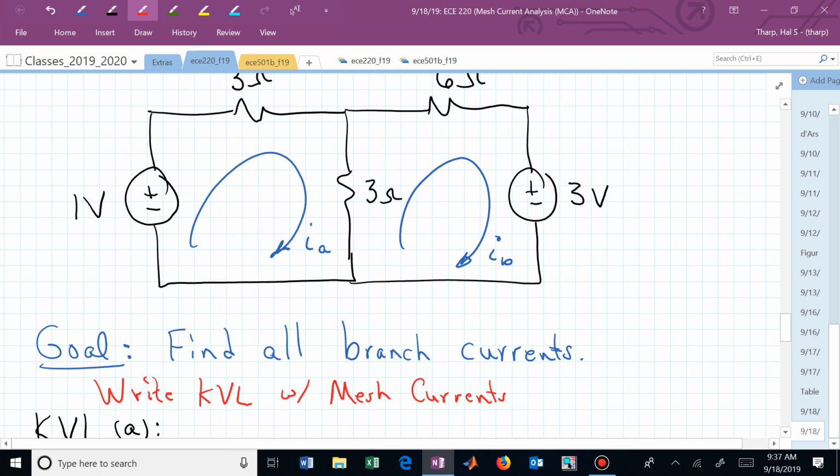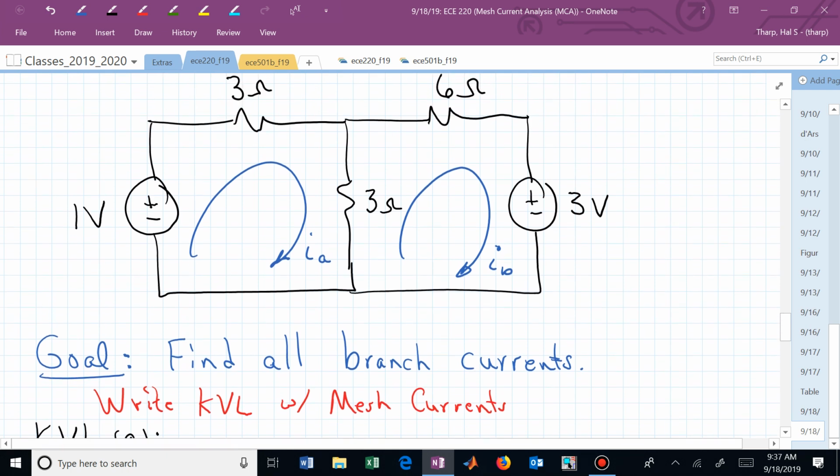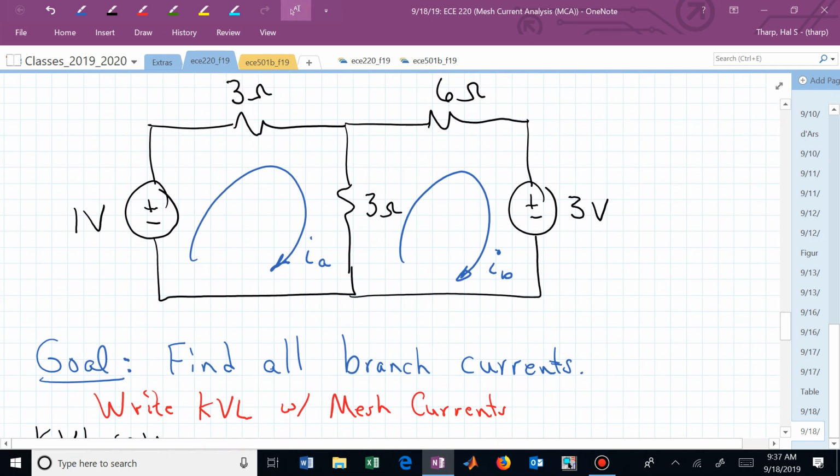So I'm asked for branch currents, but I don't want to find those directly. I'm going to do that indirectly by first solving this circuit using mesh analysis, writing KVL equations, and these mesh currents I sub A and I sub B.